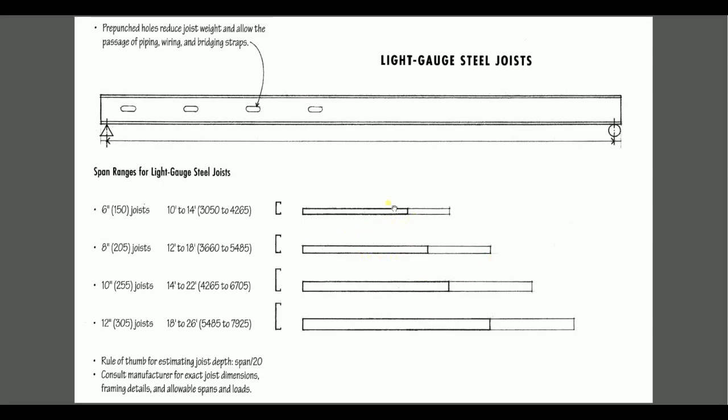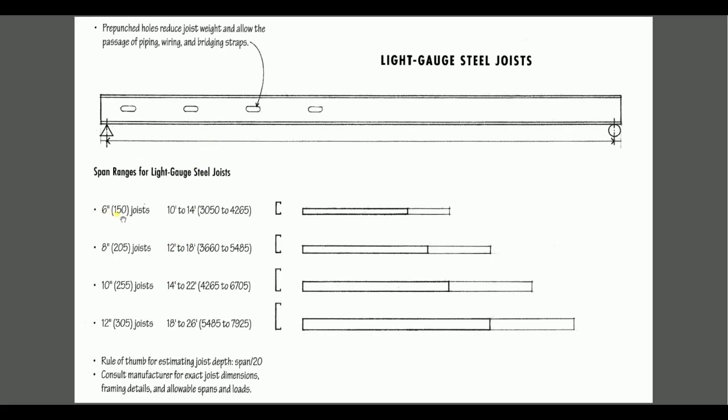We can have the comparison for the span. So for the 6-inch joist here, we can see the span is 10 feet or 14 feet. Let's have the comparison with the 2 by 6. For the 2 by 6, the span is usually 8 feet, right?